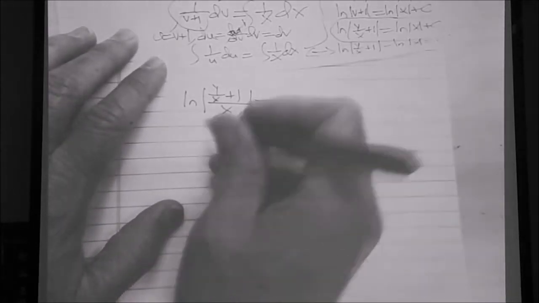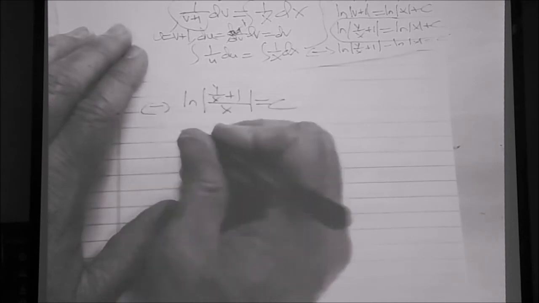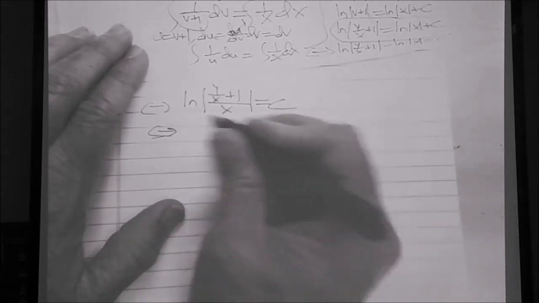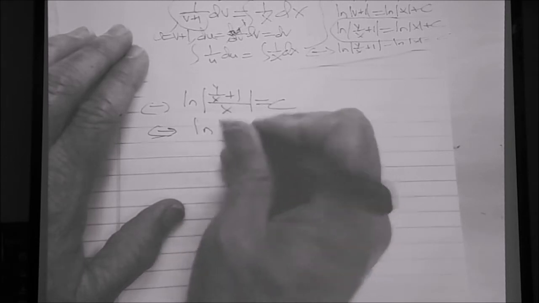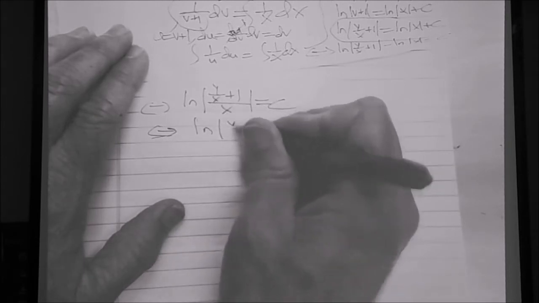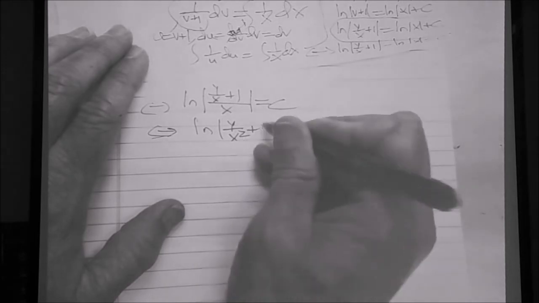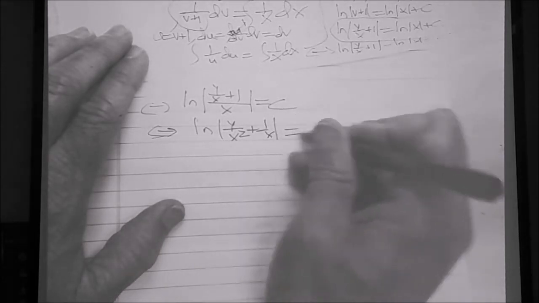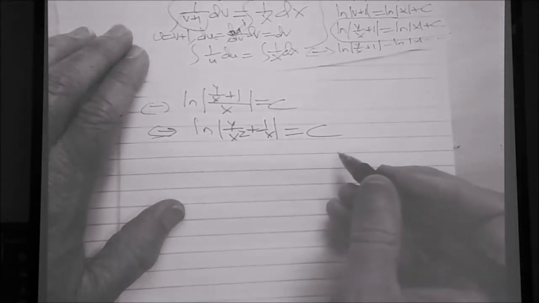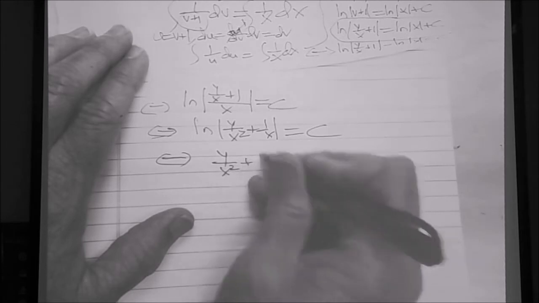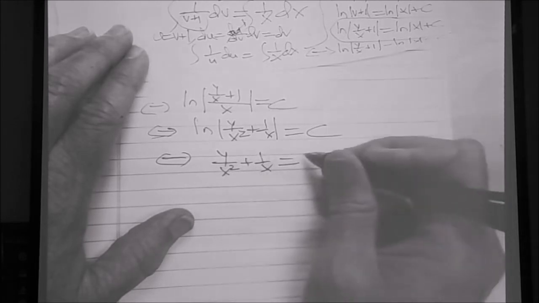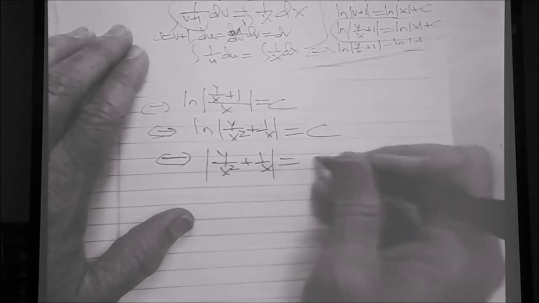Let's see, take ln of each side. Well, let's do this: ln of y over x squared plus 1 over x equals c. Take e to each side, and you get equivalently the absolute value of y over x squared plus 1 over x equals e to the c.